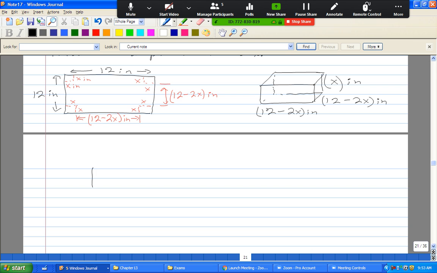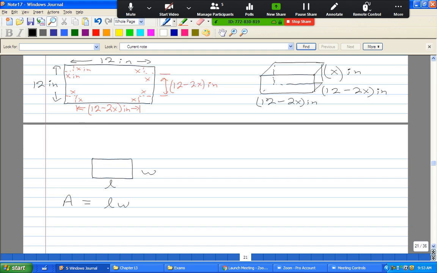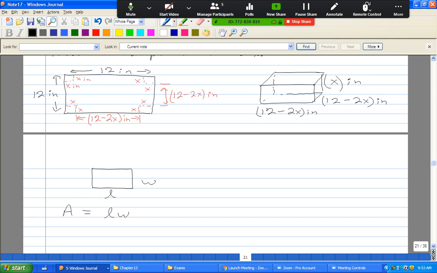So, if I have a rectangle, then the area of a rectangle is length times width. And so the area of its base here has to be 64.